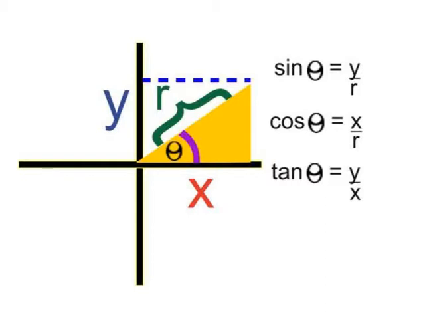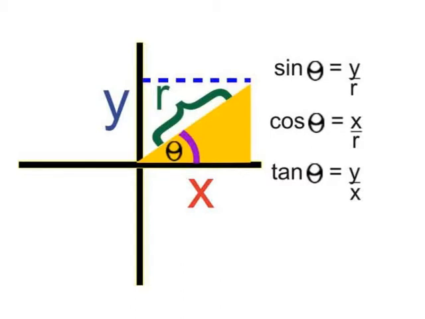Why does that happen? Because notice of angle theta that we've drawn in, the opposite side is the same as the y value. Hence sine of theta is y over r. Just the same, cos of theta will be x over r and tan of theta will be y over x.